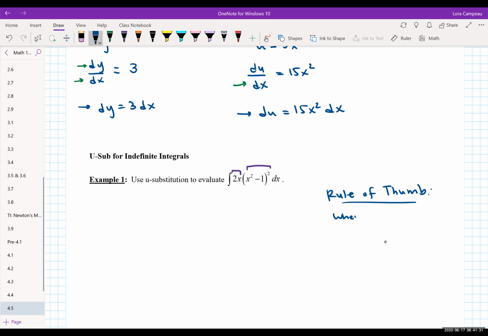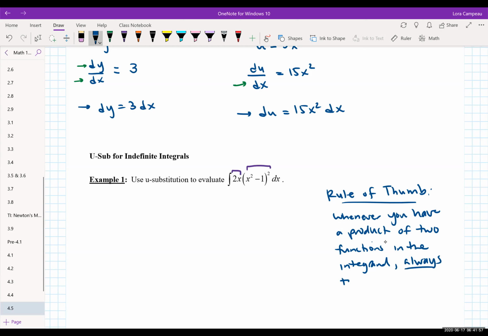Whenever you have a product of two functions in the integrand, I think it's a great idea to always try USub before attempting other techniques, because most of the time, the USub will set you in the right direction.